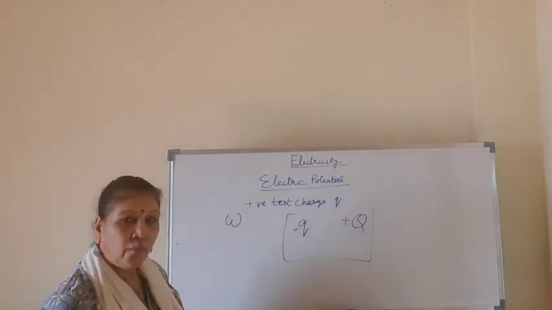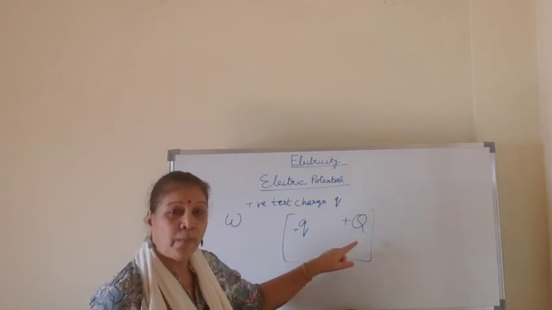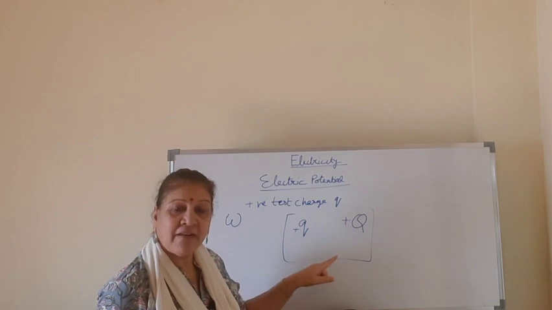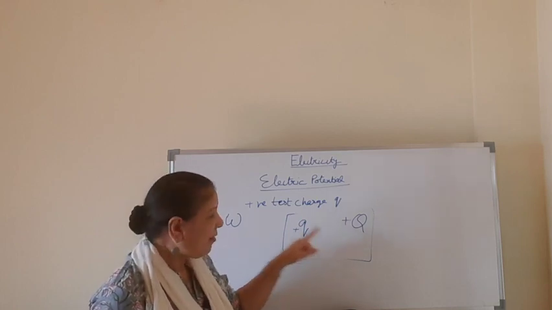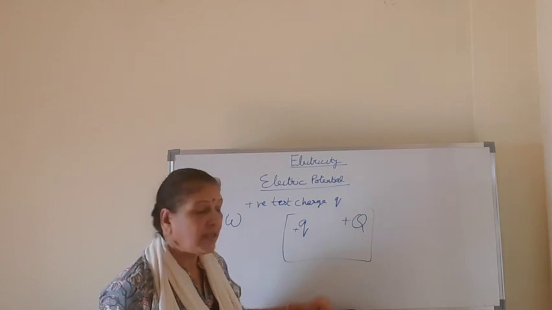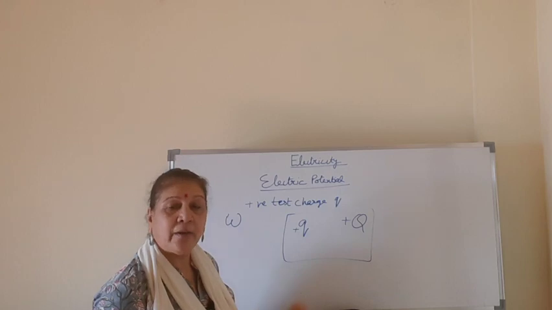Are you getting it? What did I tell you? We have a source charge plus Q. Because of its electric charge, it has the electric field around it. And within that electric field, we have placed one more unit positive charge, so we have one test charge placed here.